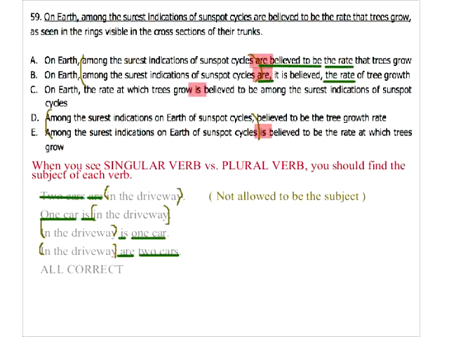This doesn't even have a verb. Like it would have to be "is believed to be" or "are believed to be." There's no verb here in D. And then "is believed to be the rate." So yeah, D is not a sentence, as Kurt helpfully points out.